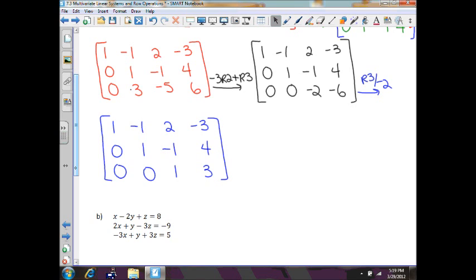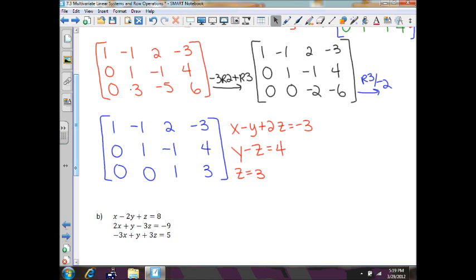Now, this matrix is in row echelon form. We can easily create equations to help solve this. From this matrix, we know z is equal to 3. y minus z is equal to 4. And x minus y plus 2z is equal to negative 3.